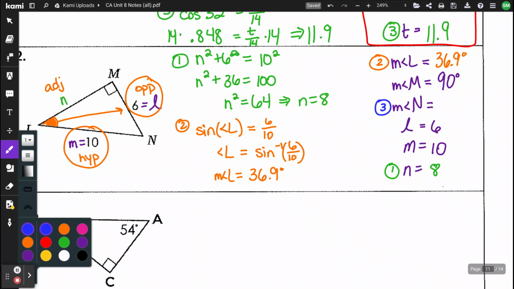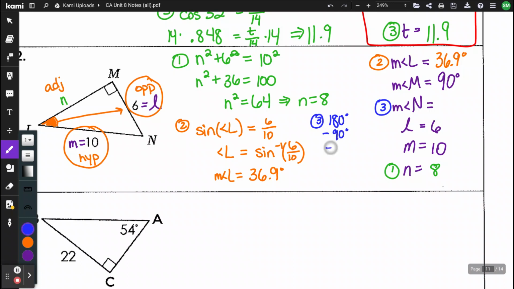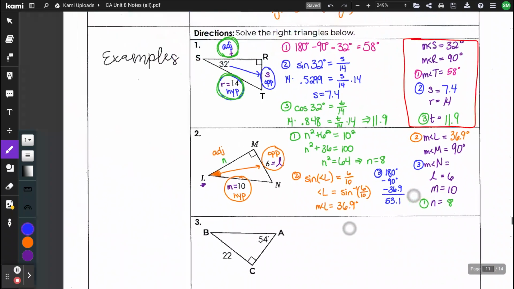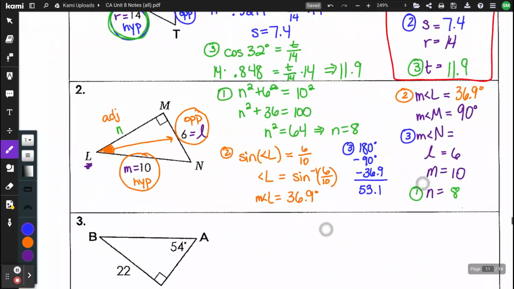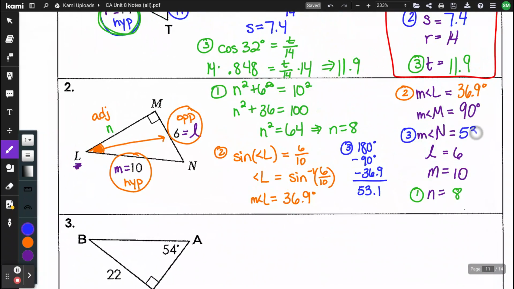You know that a triangle should add up to 180. So we're going to take 180 minus 90 minus 36.9. And we end up with 53.1. There we go.